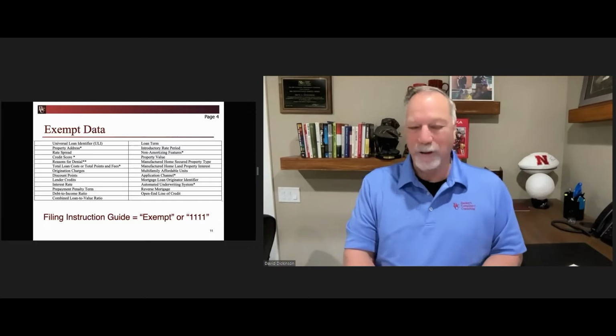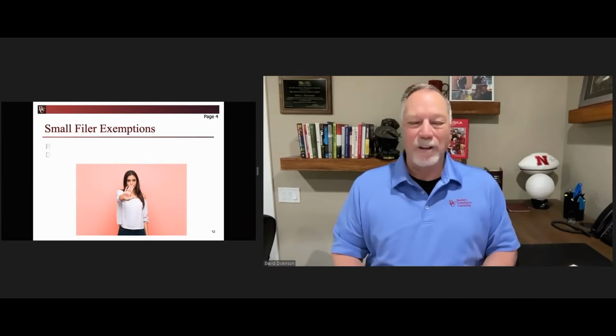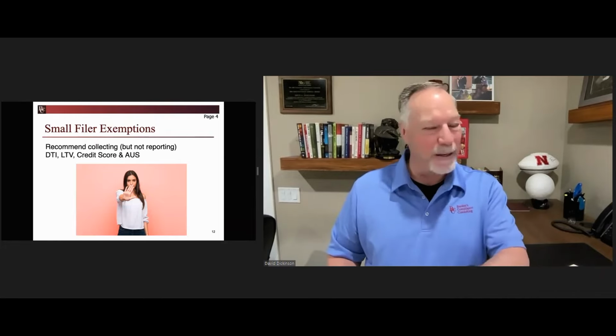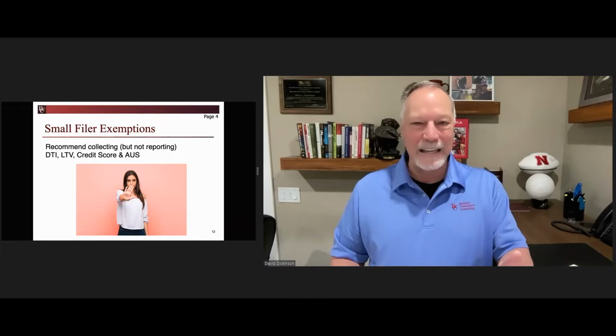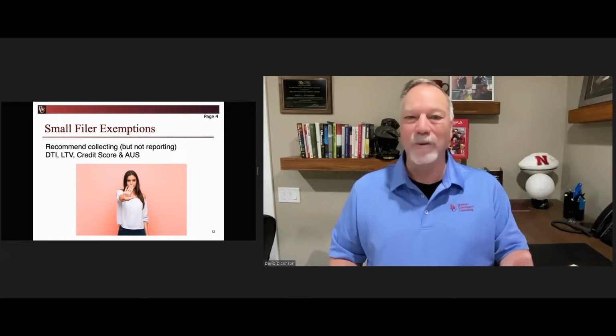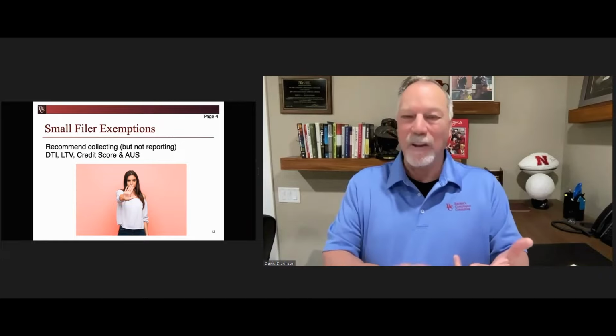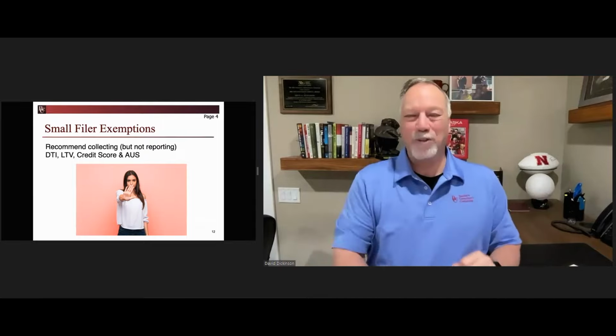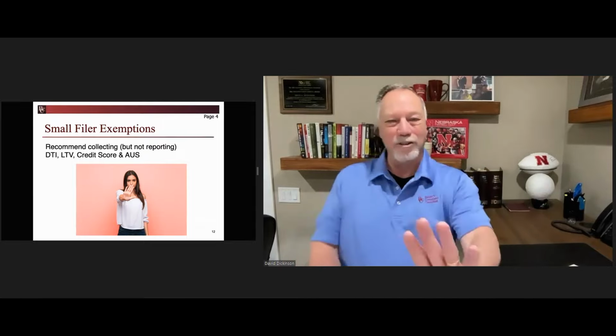Now, I have one more suggestion for you. And that is, if you're a small filer, I recommend that you still collect but not report debt to income, loan to value, credit score, and the automated underwriting if you use those. Why? Those are defensive. That's where this picture of the lady is holding up her hand saying, stop.